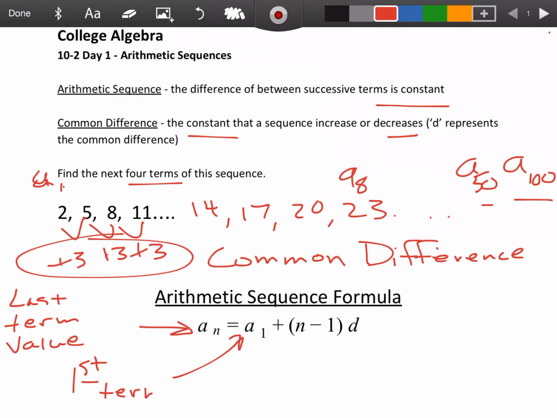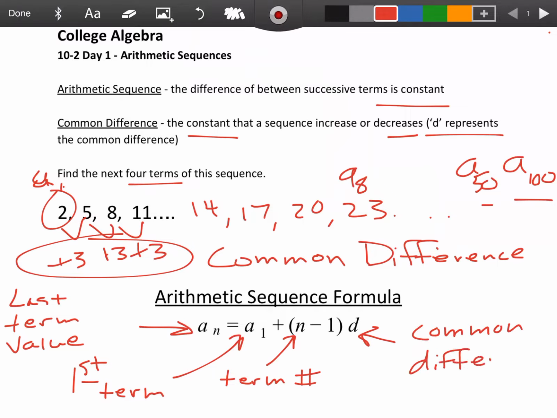That's the term that the sequence starts with, like 2 in our example here. N is the term number that we're trying to find. So in this case, it would be 50. If we were finding the 50th term, we'd plug in 50 there. And then D, what we know from up in our vocab, is our common difference.